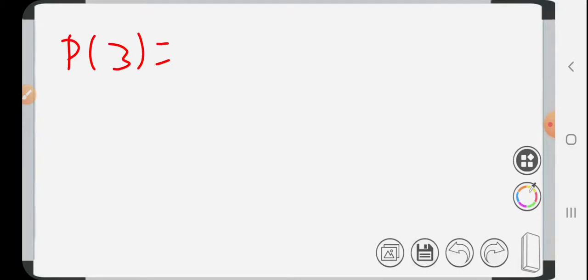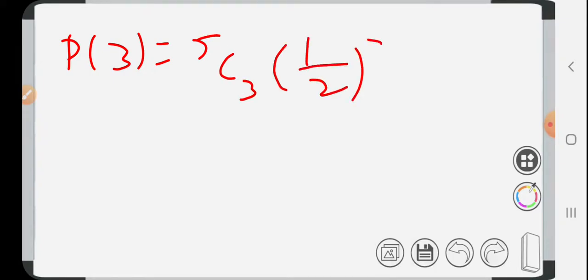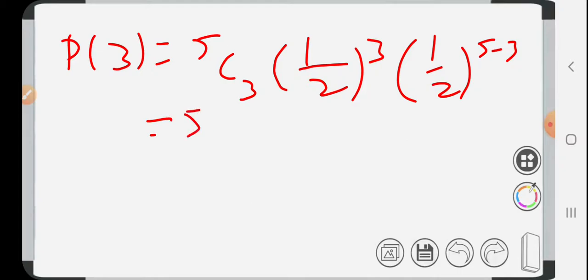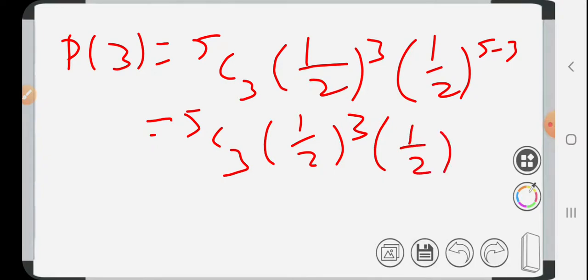So P of 3 is equal to 5C3, x is 3, then 1 by 2 cube into 1 by 2 raised to 5 minus 3. So here I get 5C3. Solve on the calculator, take the calculator and solve. So you get the answer for this.